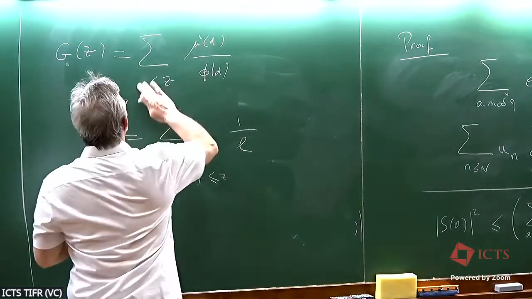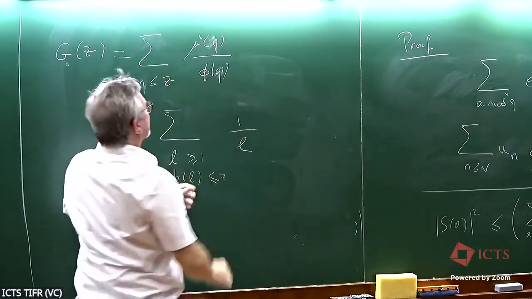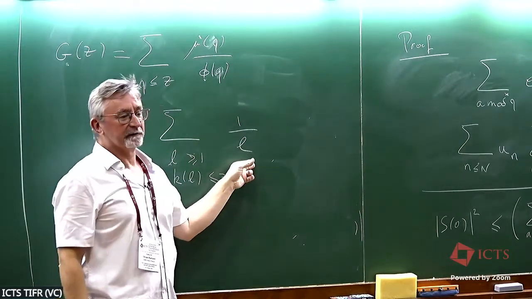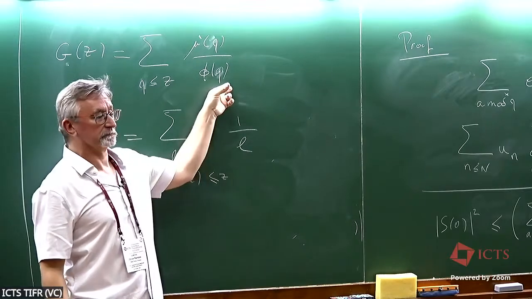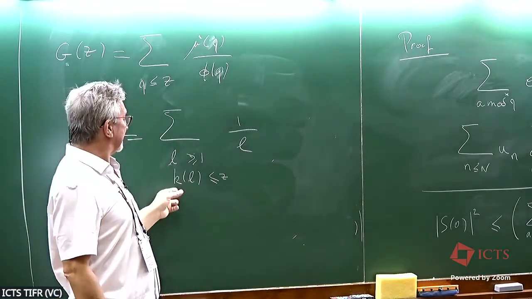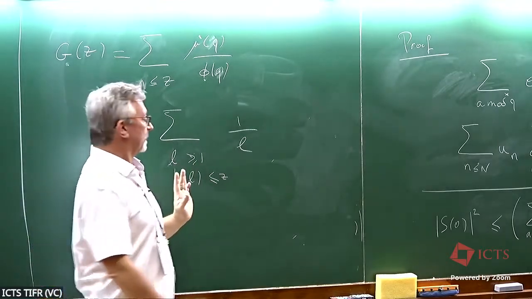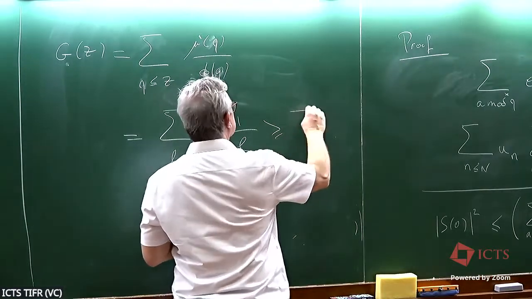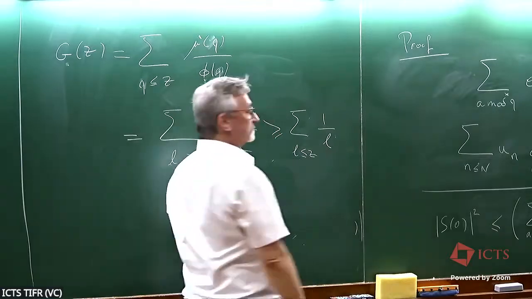So 1 upon φ of d. Well, let me put q so that we recognize. It's the sum of 1 upon L for all the L so that the square free kernel is equal to q. And we can sum over all the square free kernels that are less than z. So it is this sum. And this sum is surely larger than the sum of 1 upon L for L less than z.